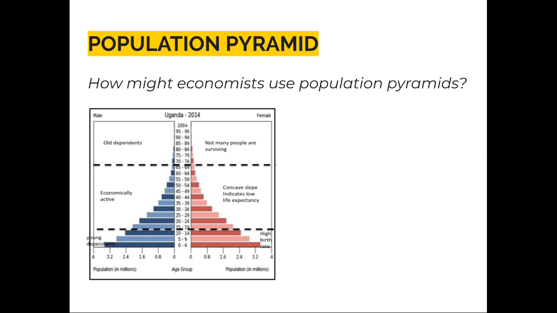What about the horizontal line? The horizontal line shows you the numbers of each age group. For example, the young dependents reach more than 3.2 million. But we have two columns here, the left side and the right side, shown in different colors because they want to distinguish between male and female.